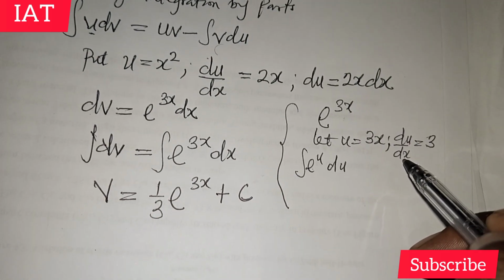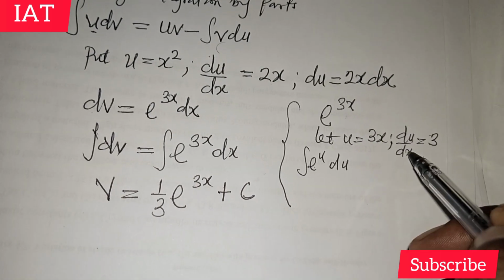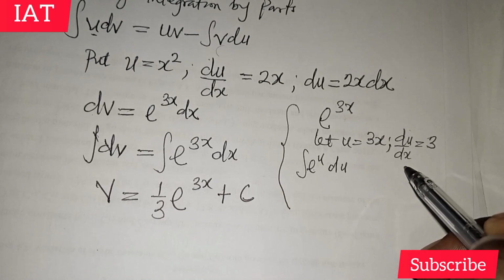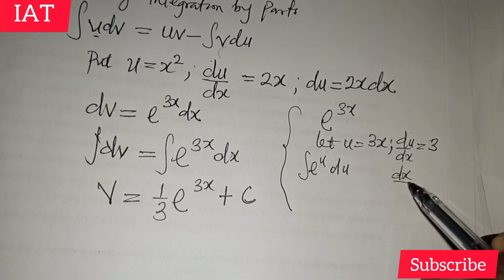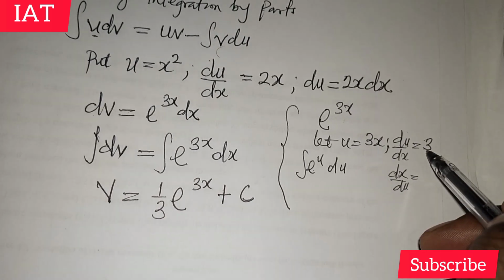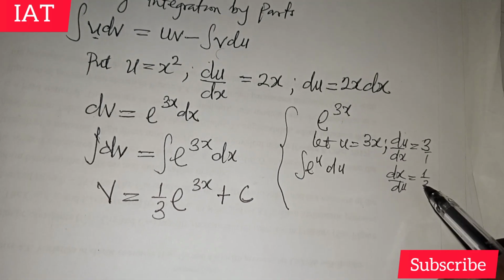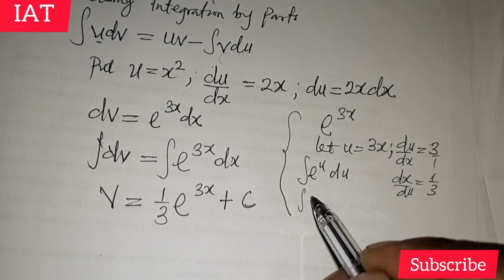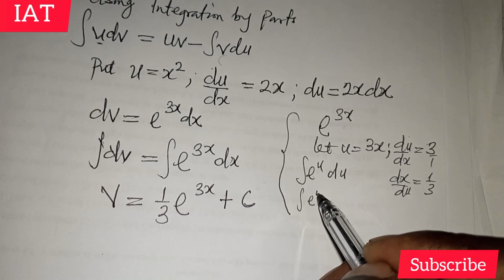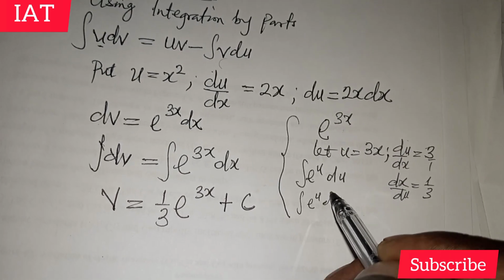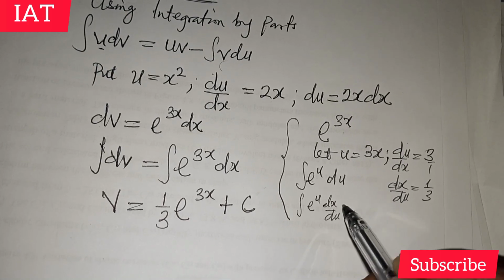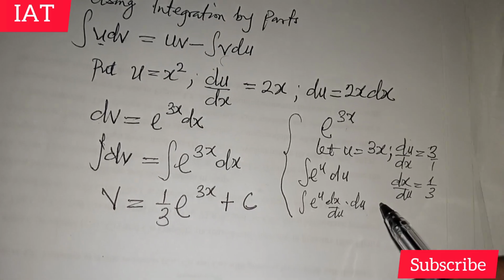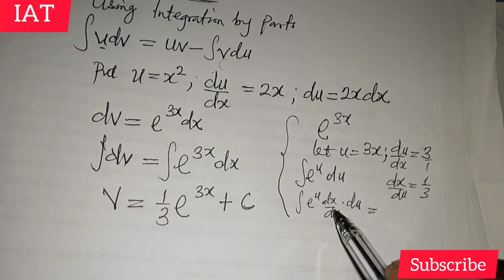So if you flip this up, taking the x up and then bring the u down, that means the dx over du will be equal to, y is over 1, so it becomes 1 over 3. Alright, so this expression becomes integral of exponential u dx over du dot du. So at this point, what is this dx over du?